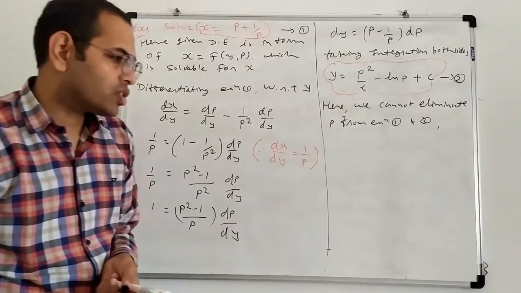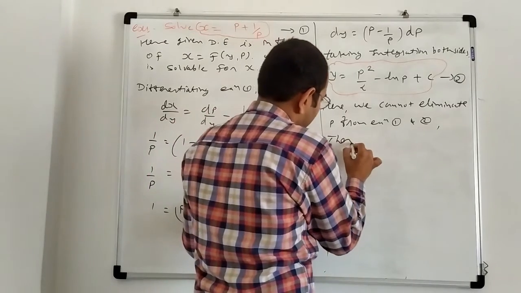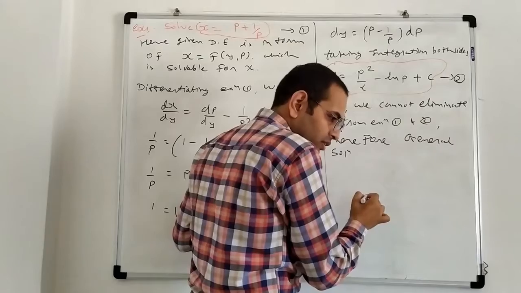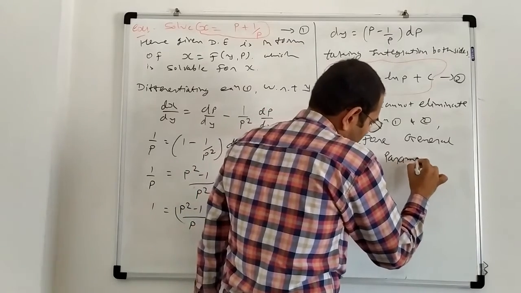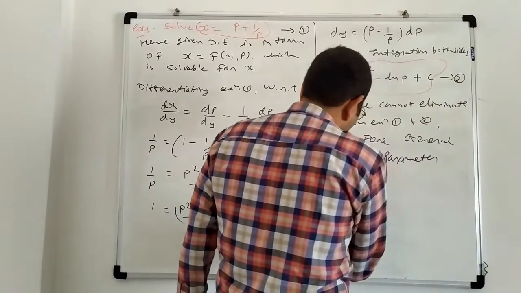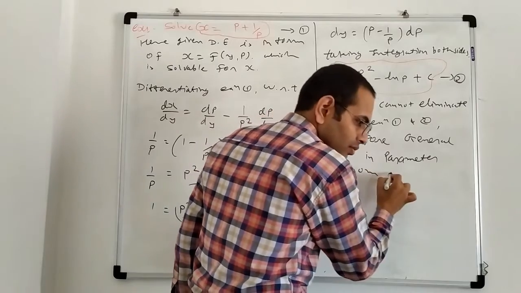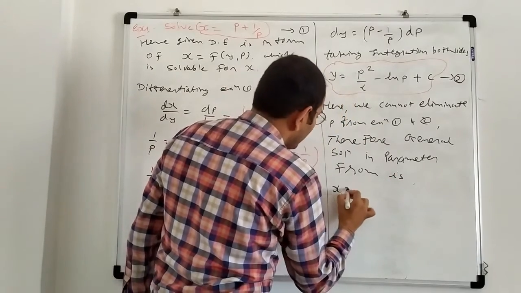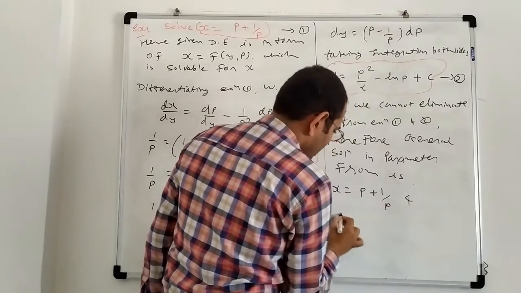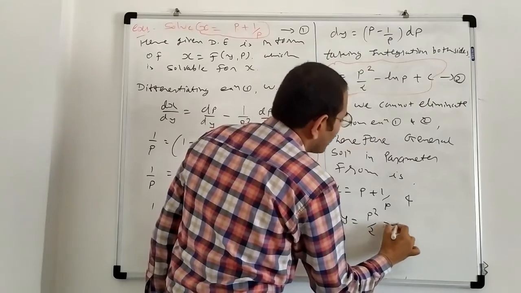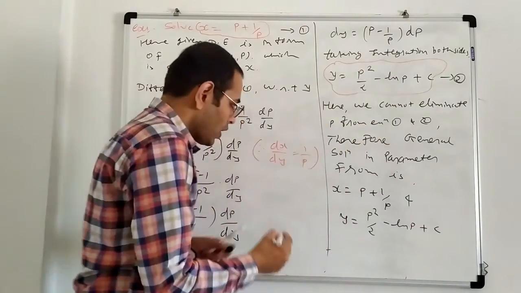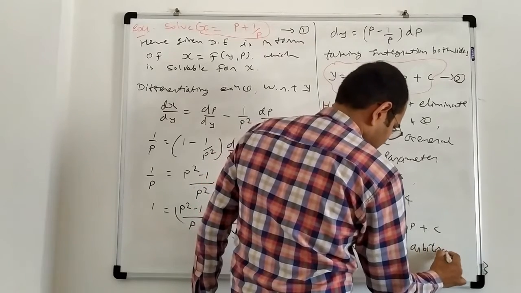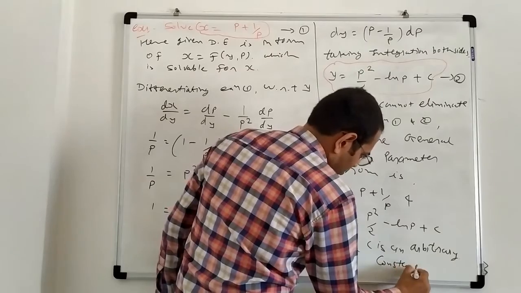Therefore, the general solution in parameter form is x equal to p plus 1 upon p and y equal to p square by 2 minus ln p plus c, where c is an arbitrary constant.